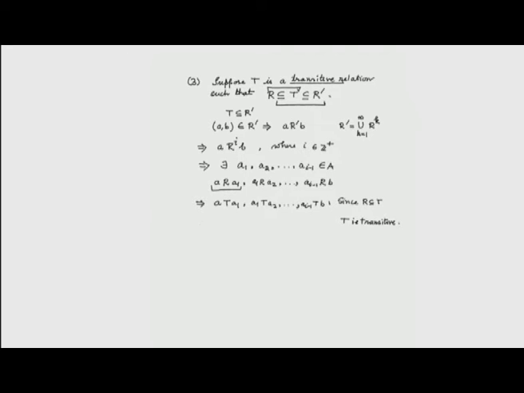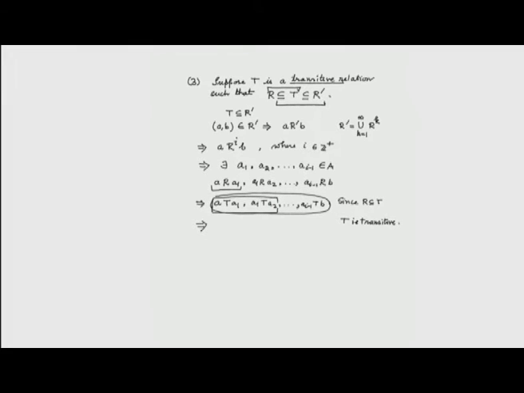So, since T is transitive, what we realize is that we can collapse this chain here to just A T B. Why?